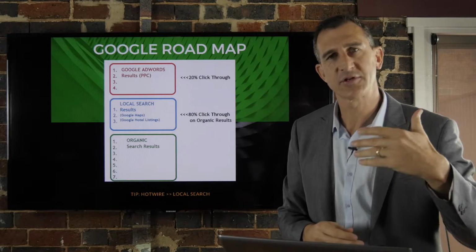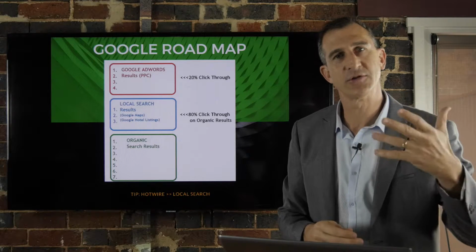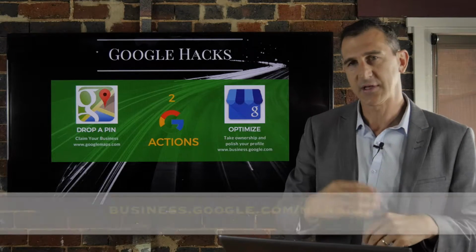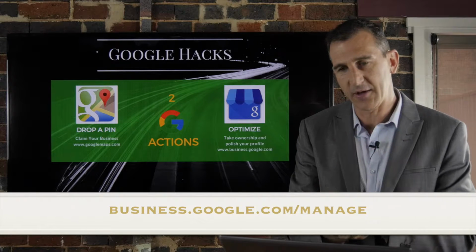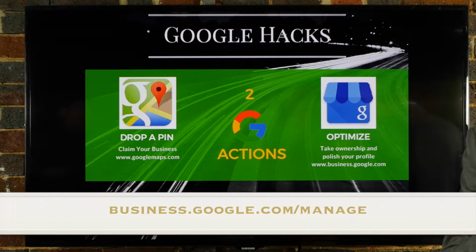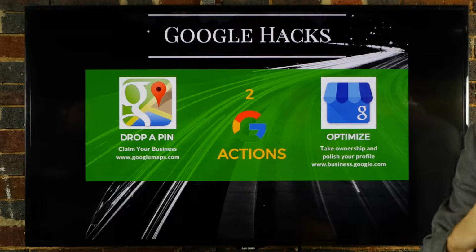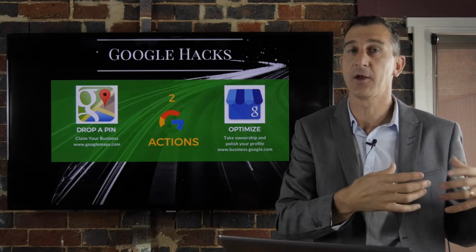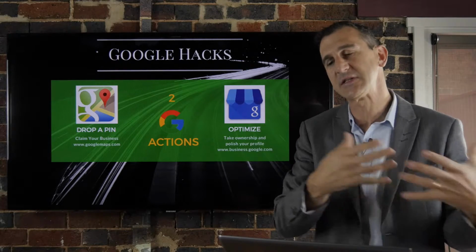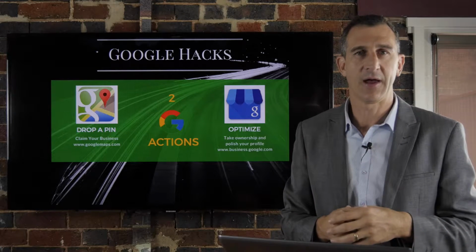But more importantly, it's not just dropping the pin and doing it, you've actually got to optimize your profile as well. So take ownership of that location, make sure you're putting some really good quality photos of your business on there, make sure you're putting some consistent information. So whatever information you have on your website and all other profiles you have on the web, make sure it's consistent to Google as well.